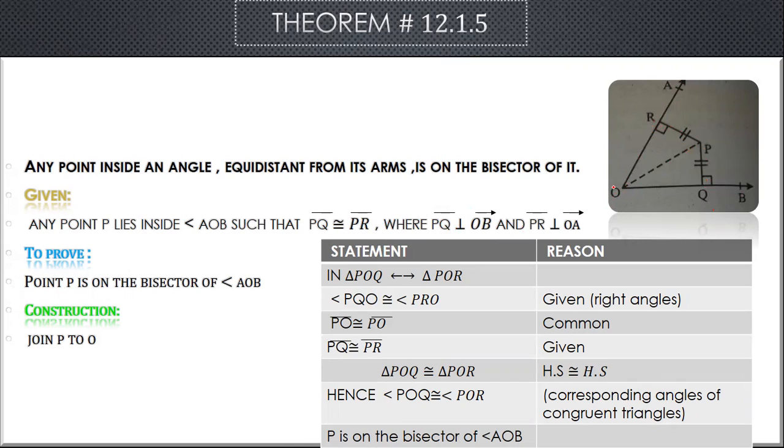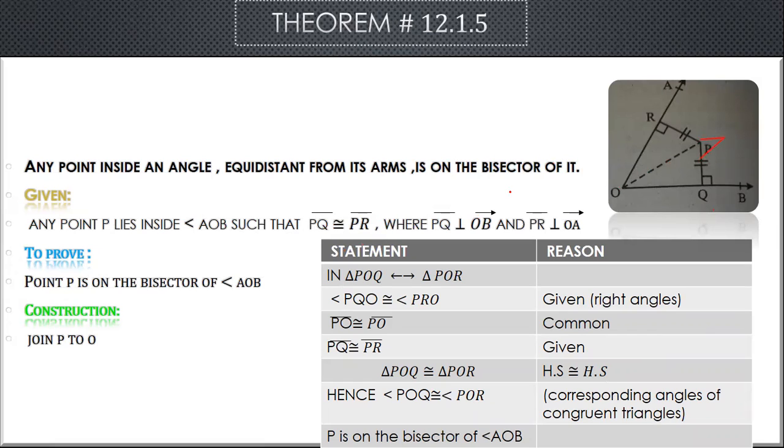Now you see that in the converse, the proof and the construction make the given of the converse theorem. To prove that point P is on the bisector of angle AOB, this was the given in the previous theorem. The proof was the given in the previous one.